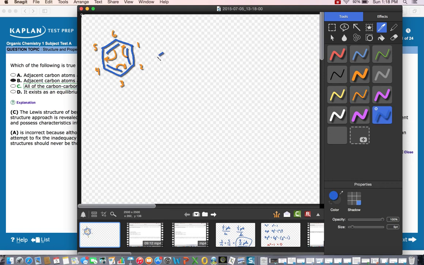Of course, remember with resonance we have the double-headed arrow. I'm going to use the same numbering scheme for this resonance structure.